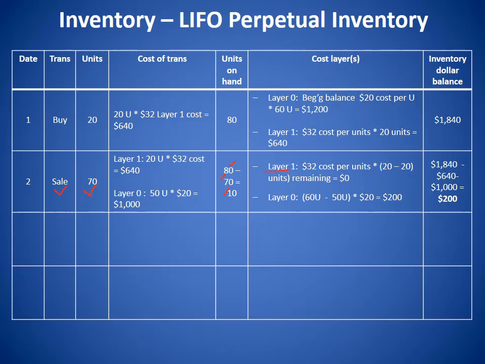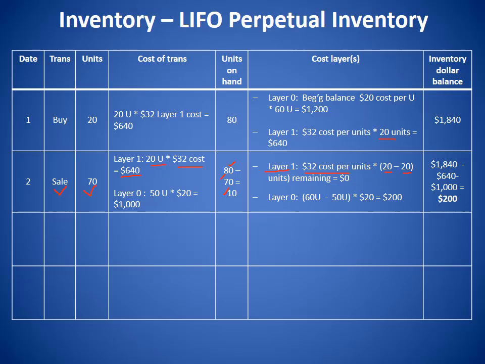Layer 1 has a cost of $32 per unit, but you'll remember we only have 20 units in layer 1. So we take the 20 units in layer 1 and subtract out 20 units from layer 1. In that case, we take our 20 units times the $32 cost. That means we subtract out $640 out of inventory into cost of goods sold for layer 1.